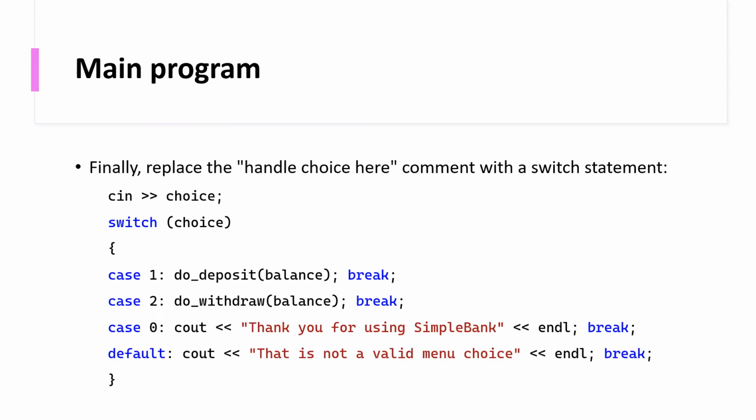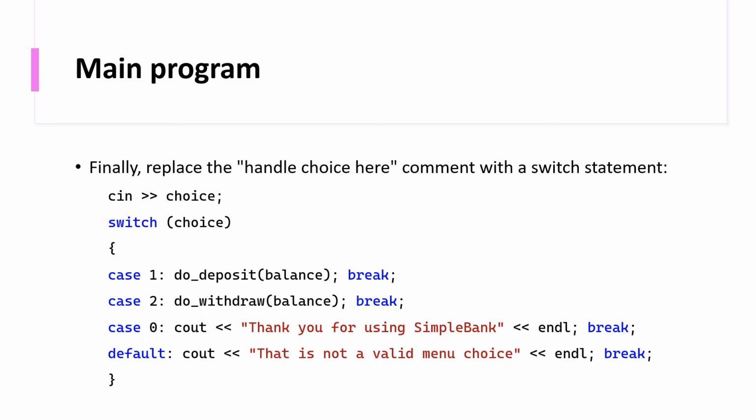Finally, we can replace the handle choice here comment with a switch statement. Right after the cin choice, we do a switch on choice, and if they chose 1, we call doDeposit of balance. In case 2, we call doWithdraw of balance. In case 0, we print a thank you message and end the program.